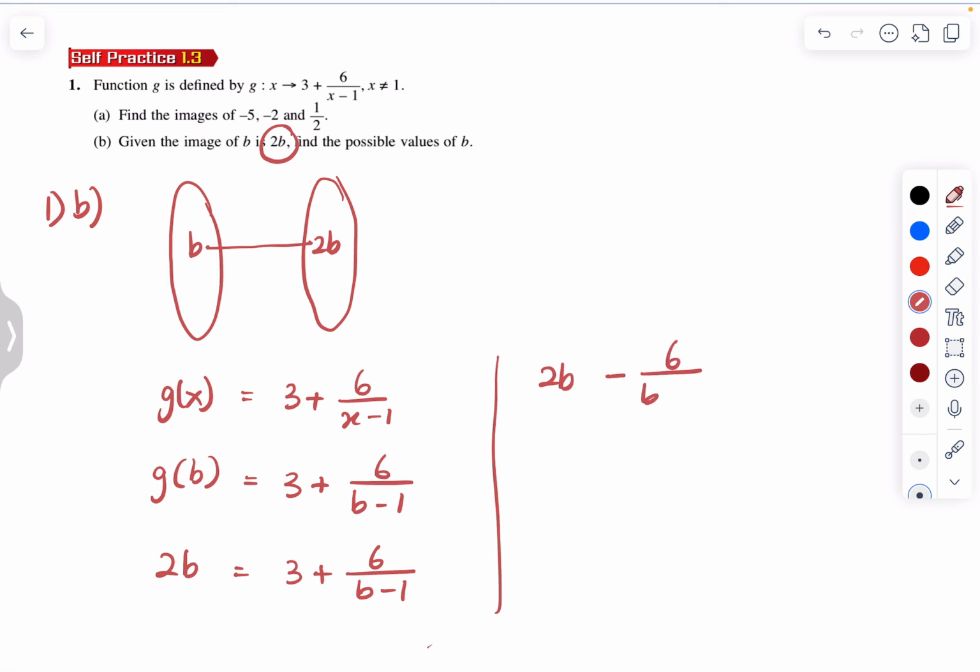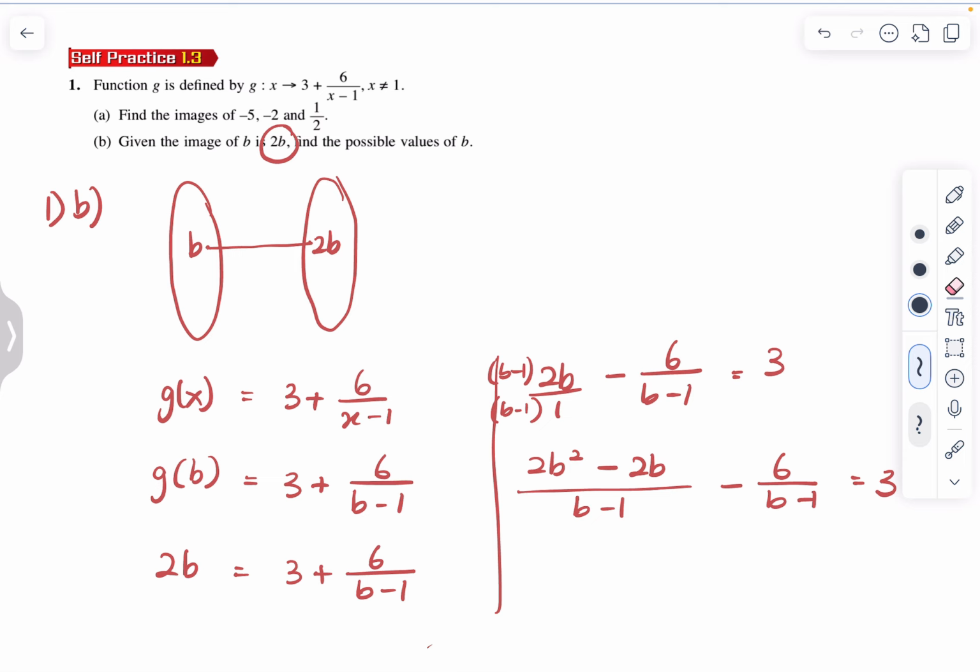We bring the fraction here, so we get 3. Now we have to make the denominator the same. 2b is 2b over 1. So we multiply by b minus 1 over b minus 1 here. 2b times b minus 1 is 2b square minus 2b over b minus 1, minus 6 over b minus 1 equals 3.